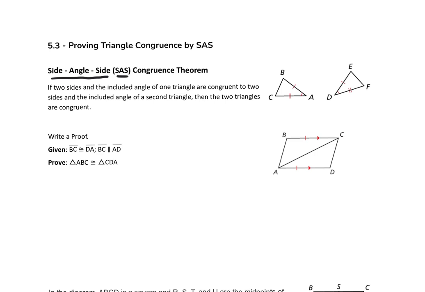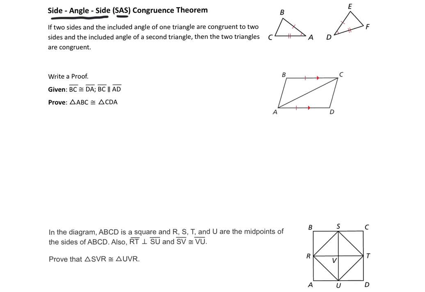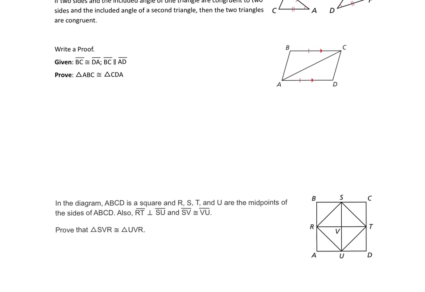So what we're going to do is we're going to do some proofs of these. And we're going to prove side angle side congruency based on what we now know, that we can use side angle side. And you can kind of do it however you want.